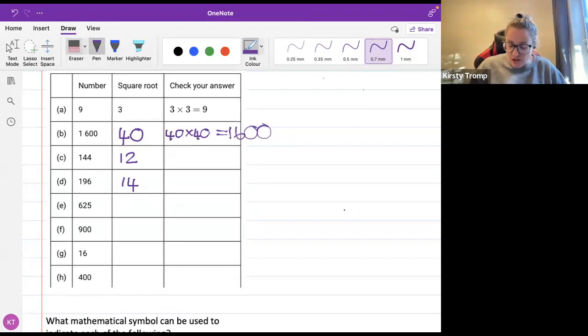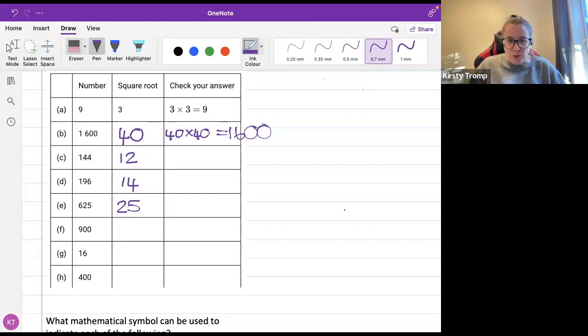The square root of 196 is 14. Fantastic. Right, what is the square root of 625? We've seen that one before. We've done it together. Good, 25. Fantastic.